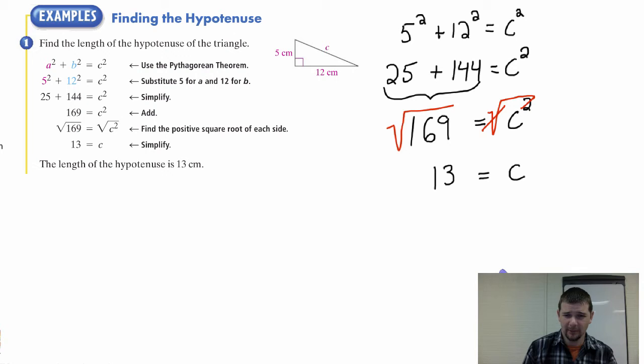So C equals 13 in our algebra equation, but don't forget we need to introduce units, and we were asked to find the length of the hypotenuse of the triangle. So we could say, and it's already stated here nicely in the problem, so I won't rewrite the sentence, the length of the hypotenuse is 13 centimeters.